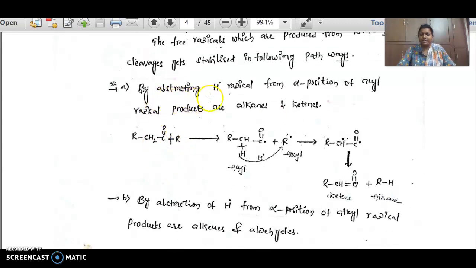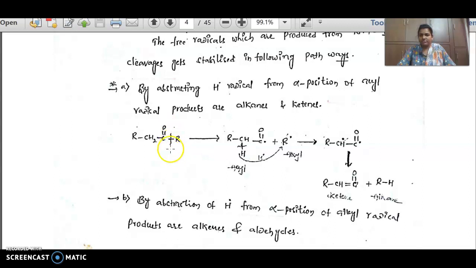First one, by abstracting a hydrogen radical from the alpha position of the acyl radical, the products are alkanes and ketenes. Now this is the example. First, this undergoes a Norrish type 1 reaction. This alpha bond cleavage occurs.